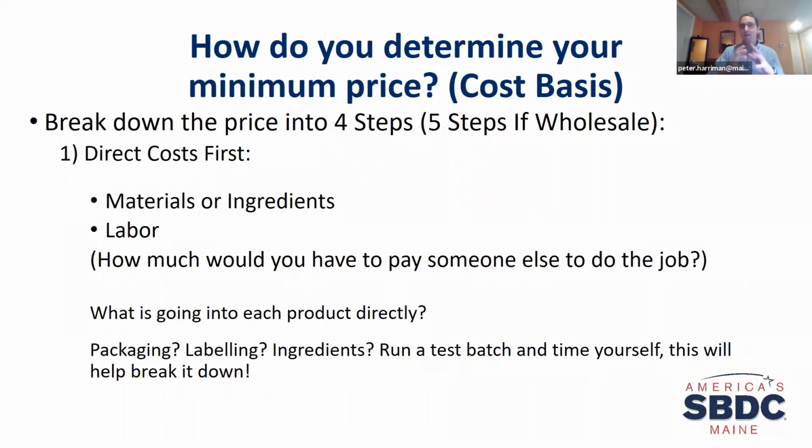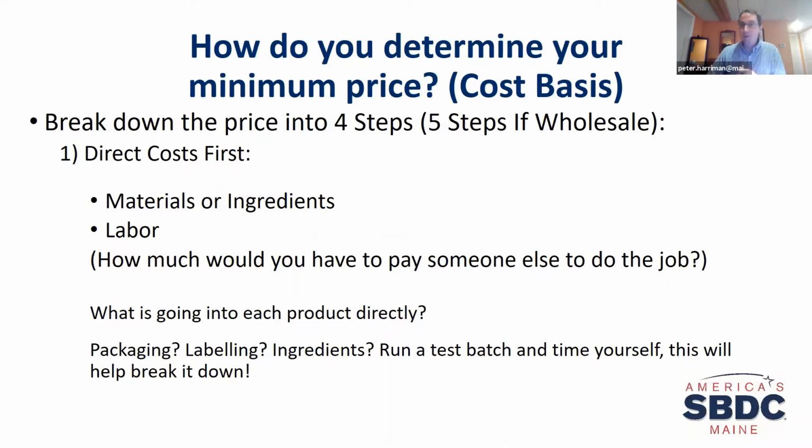Now, with a bakery, for instance, I could make a whole big batter for 18 muffins. I'm going to keep track of everything that I'm putting into that batter, make the 18 muffins, maybe timing myself to see how long it takes. And then whatever I put into that divided by 18 is what each material or ingredient cost is for each muffin. So I can break it down into the nitty gritty.